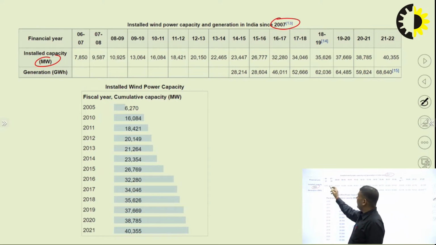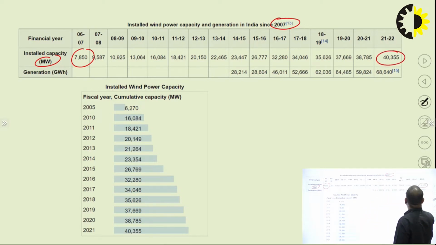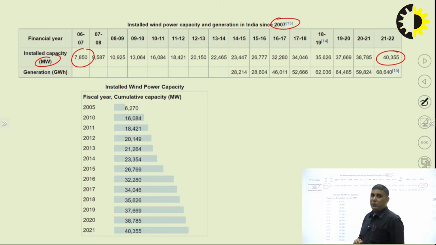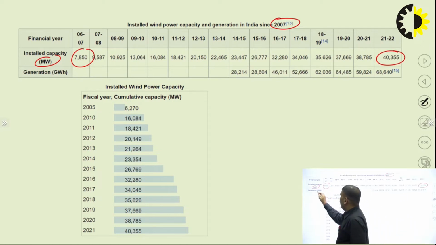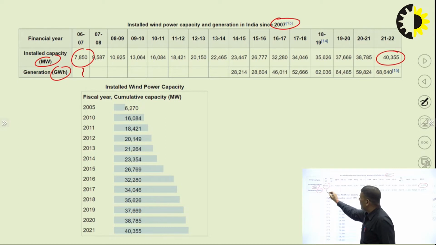In 2006-07 we had only 7,850 megawatts installed capacity, and then it rapidly increases up to 40,355 megawatts, or roughly 40 gigawatts. Then there is the generation in gigawatt hours. This is installed capacity. As far as generation is concerned, you can see in this figure the data from 2007-08 till 2013-14 is missing.